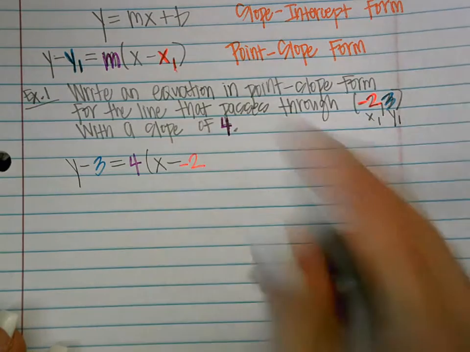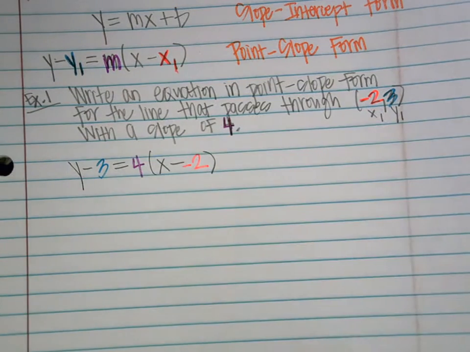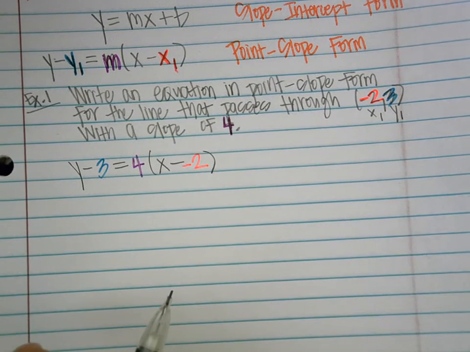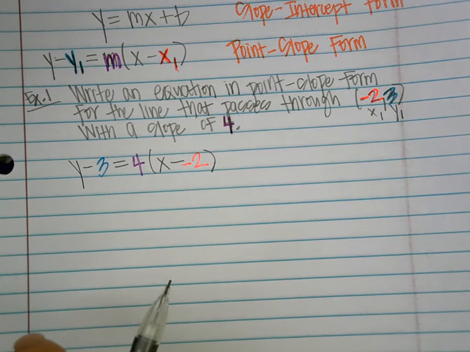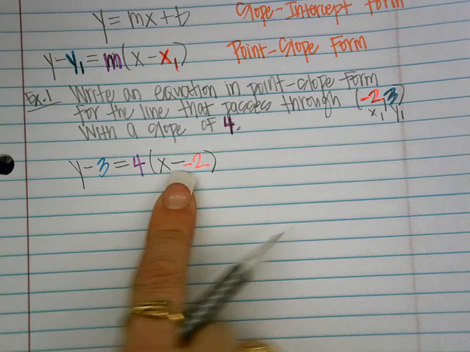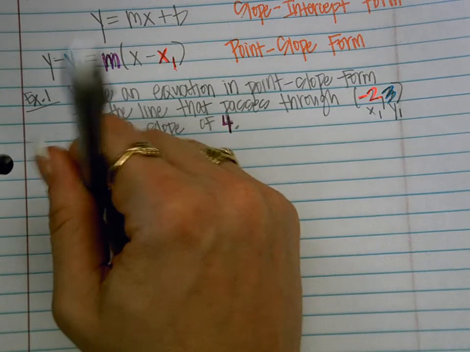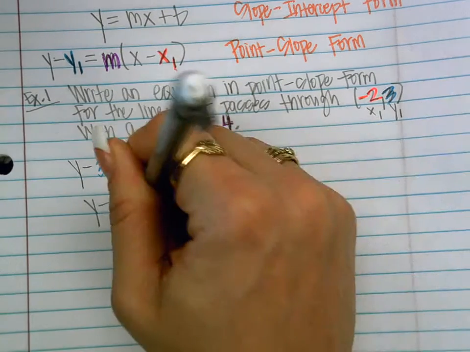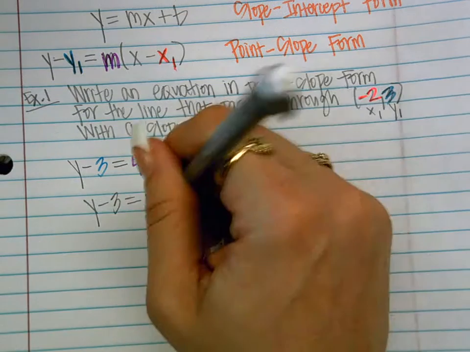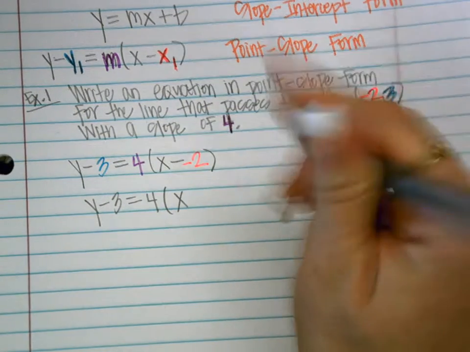Okay? Now, I just need to clean this up a little bit. What's wrong with this written right like it is right now? The double negative. So you just have to rewrite y minus 3 equals, the 4 does stay on the outside. You don't have to distribute it. And this becomes x, negative, negative turns to what?